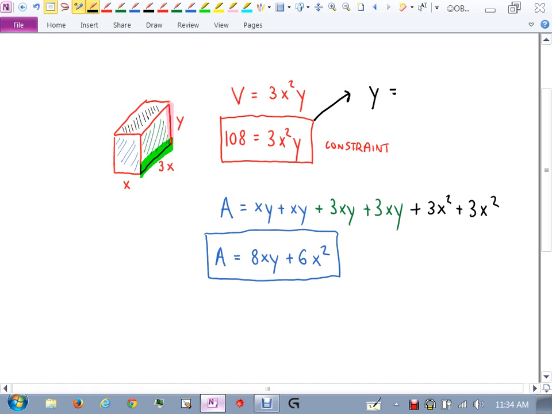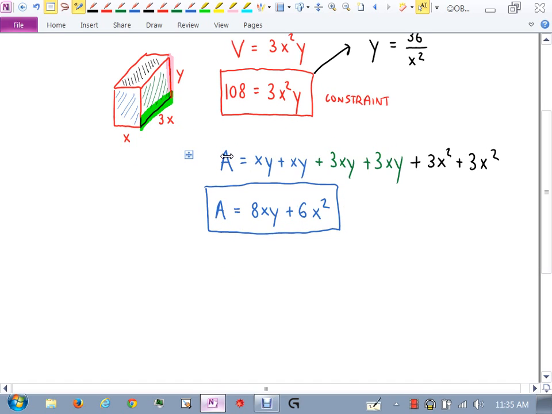Y would be equal to, what's 108 divided by 3? 36, right? And then you have to divide by the x squared also. So 36 over x squared is what y is equal to here. Understand? Divide both sides by 3, divide both sides by x squared.